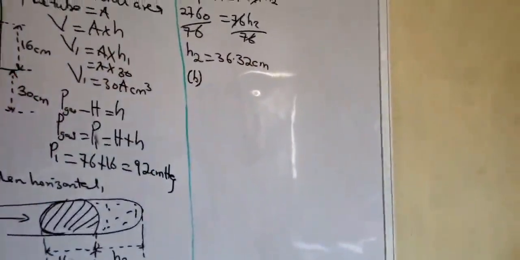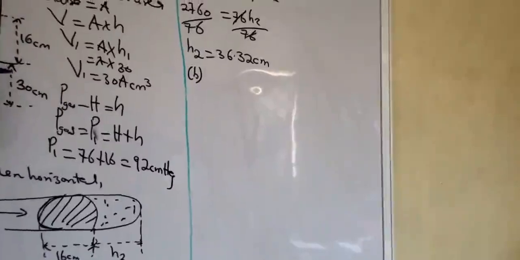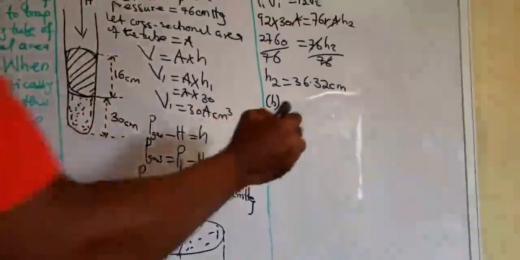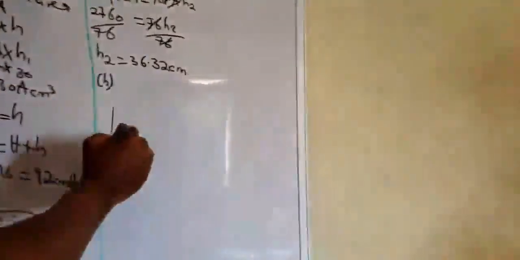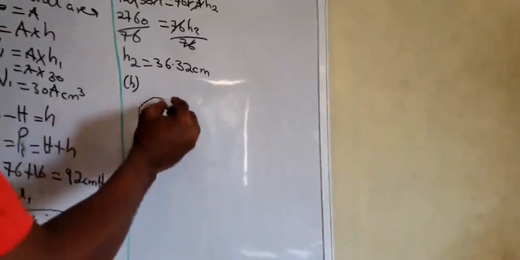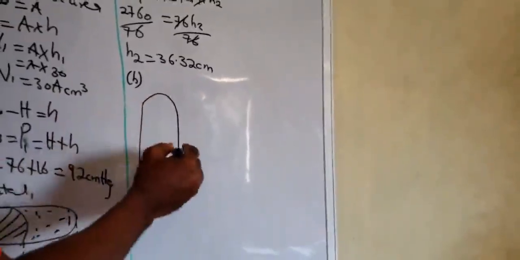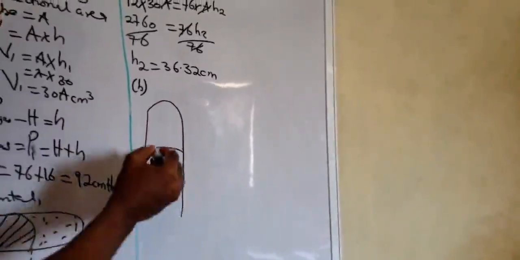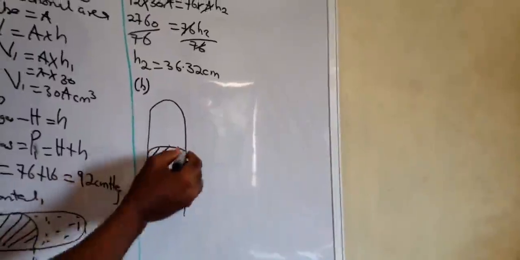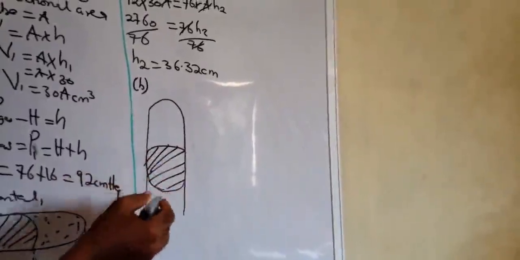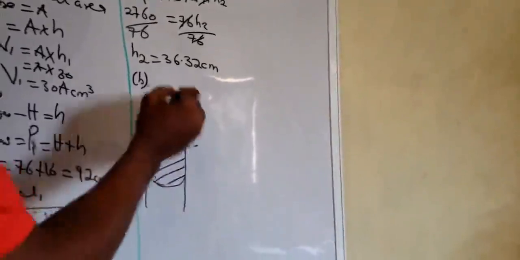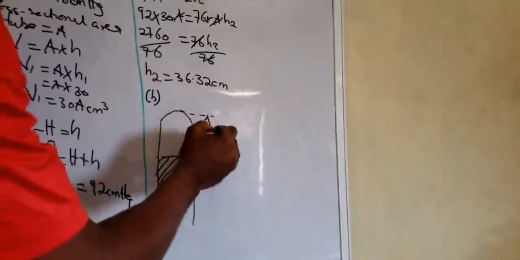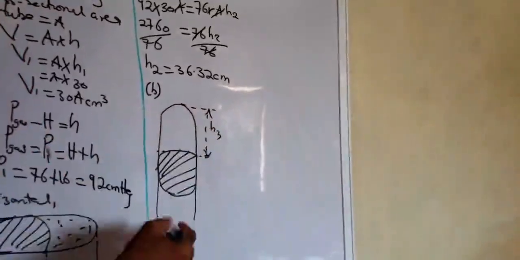Now we are going to put the same tube vertical, but this closed end has to be on top and the open end will be down. So that's what we need to draw next. Here equally is the mercury thread, not drawn to scale. Of course, this is the height of the gas. Let's call it H3.